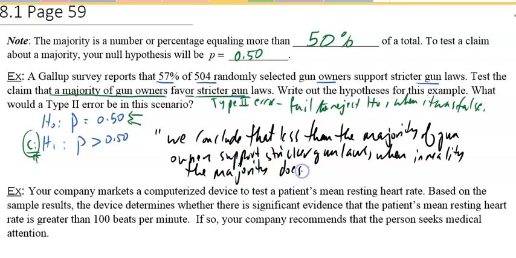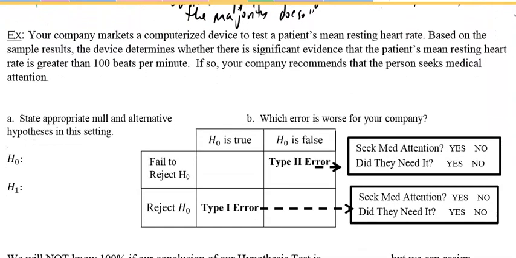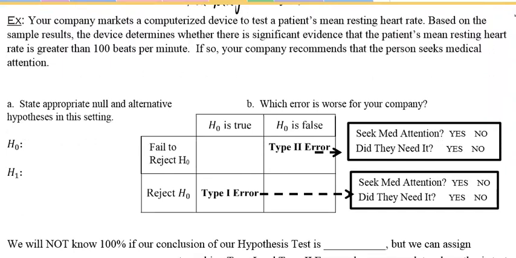Which is why it's very important for you to state whether the sample supports. This group that we picked, the 504, supports or does not support. So, your company markets a computerized device to test a patient's mean resting heart rate.